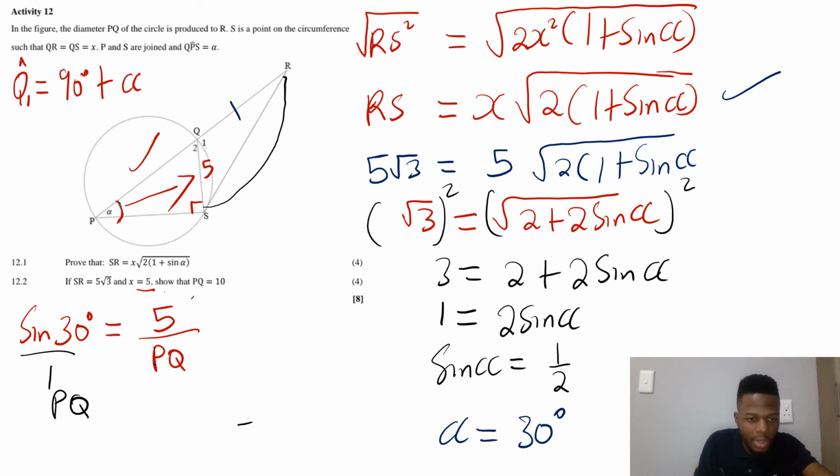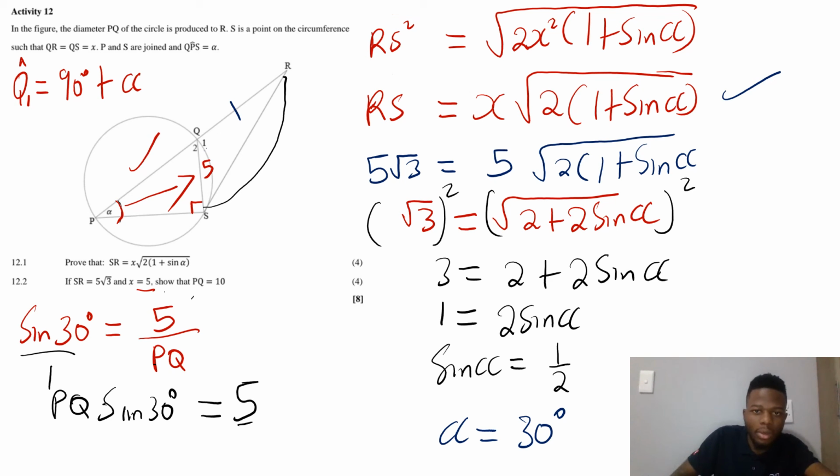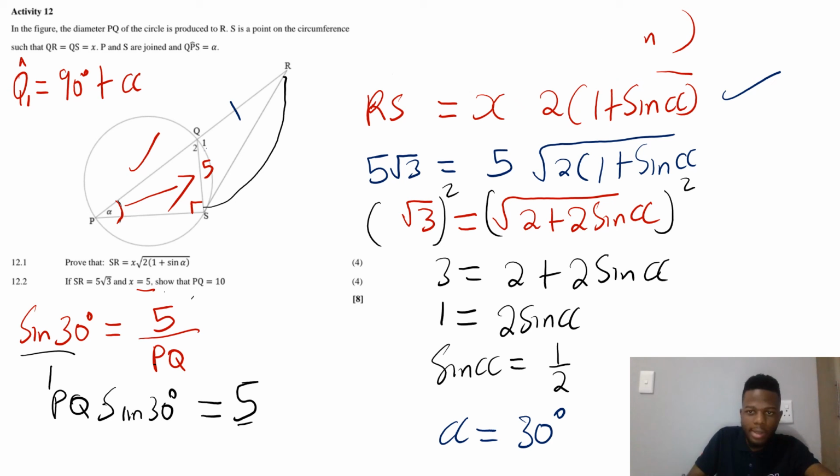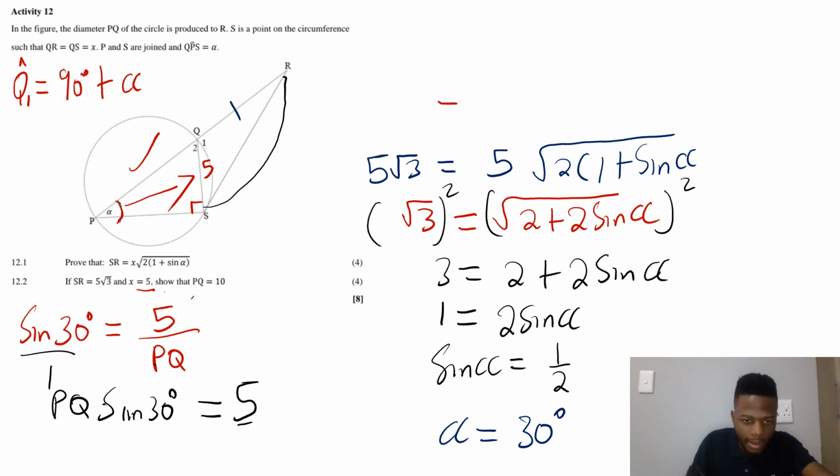Let me write it slowly so that you can understand. PQ multiplied by sine 30 degrees is equal to 5 multiplied by 1. We are just cross multiplying there. And don't forget, sine 30 degrees is the same as 1 over 2. So PQ multiplied by 1 over 2 is equal to 5.